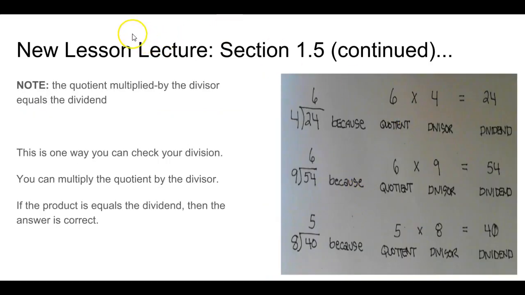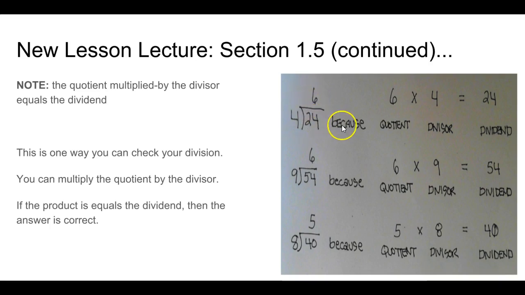Now, one part that's really interesting here is that the quotient, which is the answer, multiplied by the divisor, which is the number or the amount that you're going to separate, equals the dividend. So the quotient multiplied by the divisor equals the dividend. Let's take a look at an example. We have that same number here. We have 24 divided by 4 equals 6.